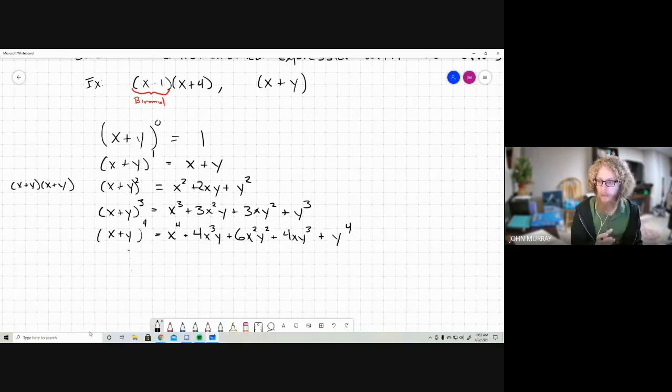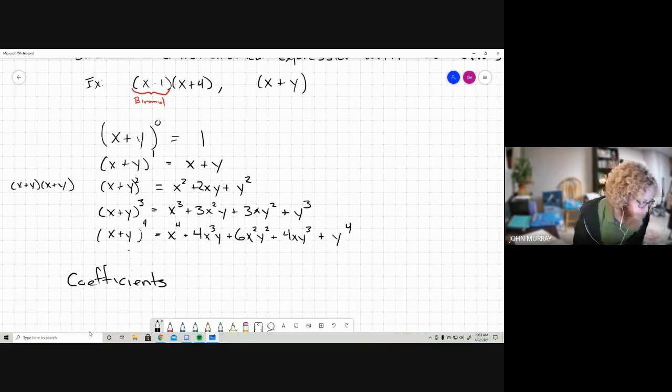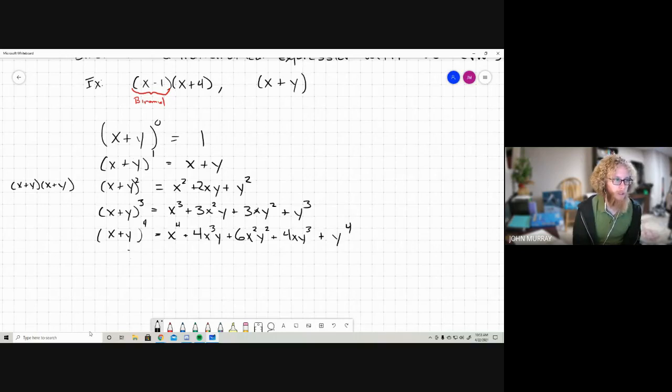So there's a lot of common things happening that the mathematicians took notice of. One of the patterns that first came to people's minds was what was going on with the coefficients. The coefficient is the number in front of your variable.